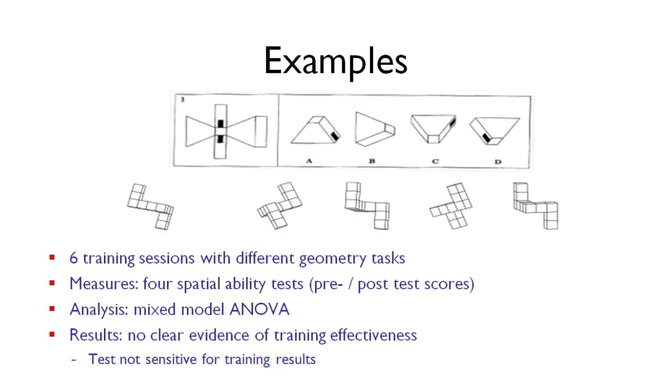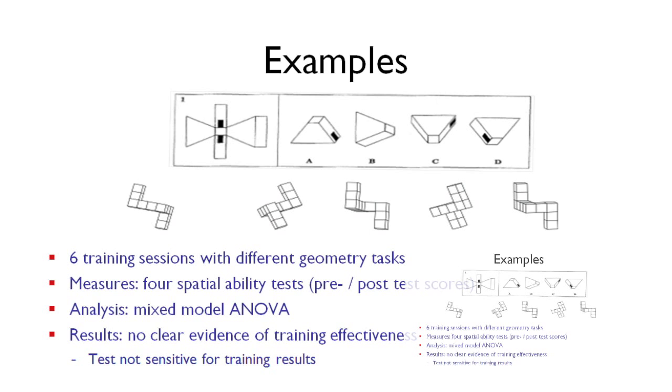The idea is that you apply mental rotation to solve the problem. Again, we could talk about this for longer. Because there are different types of spatial ability, we had four different types of spatial ability tests to see if there's a training effect on certain types of spatial reasoning.